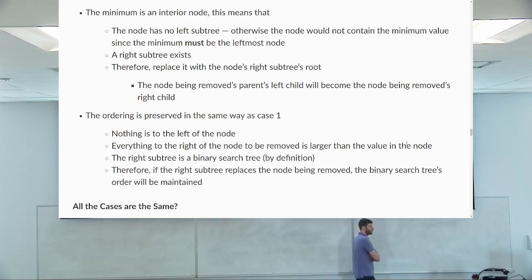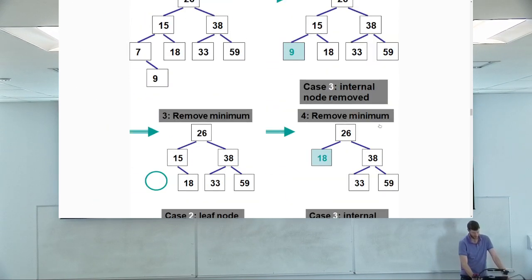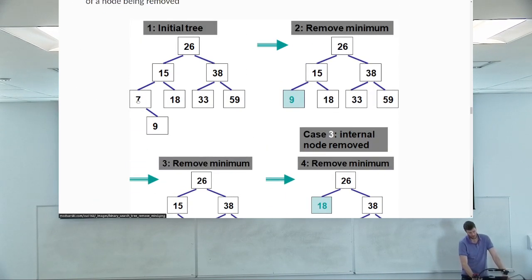The node being removed's parent's left child will become the node being removed's right child. Which might sound like a lot of words, but really it just means I'm removing 7, the node being removed's parent, which is 15. Its left child becomes the node being removed's right child. It sounds like a lot of words, but that's all I'm saying.